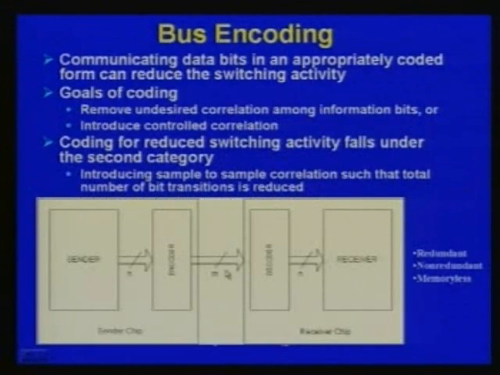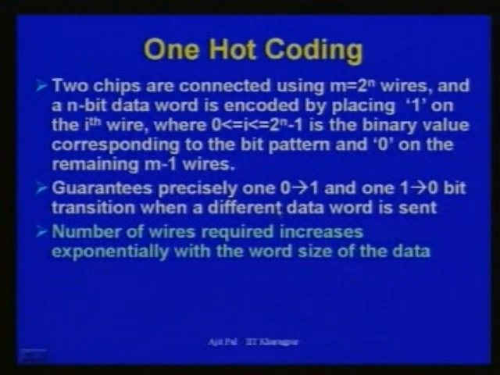That means the value of m will be 2 to the power n when it is n, because only one bit will be 1, remaining bits will be 0. So, it guarantees precisely one 0 to 1 and one 1 to 0 bit transition when different data bits are sent. Unfortunately, it is very good, but the number of wires required increases exponentially, at the rate of 2 to the power n. So, it cannot be used for larger data size.